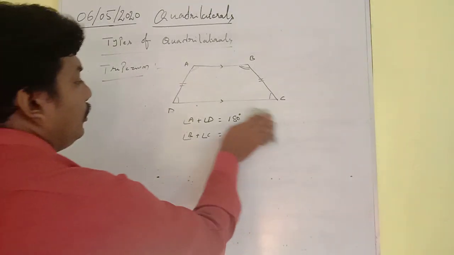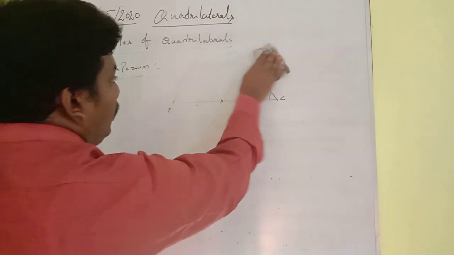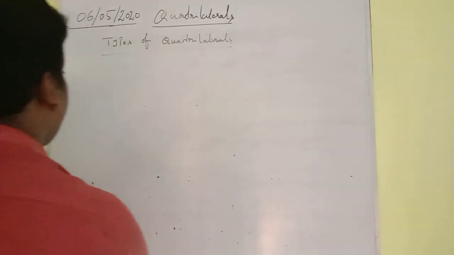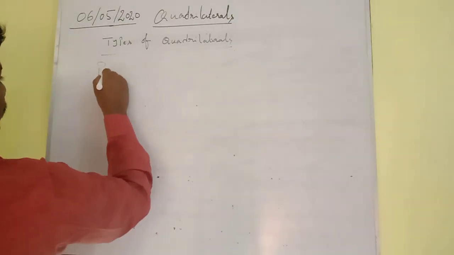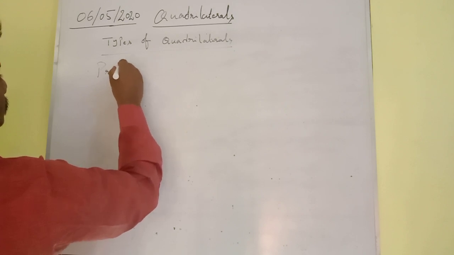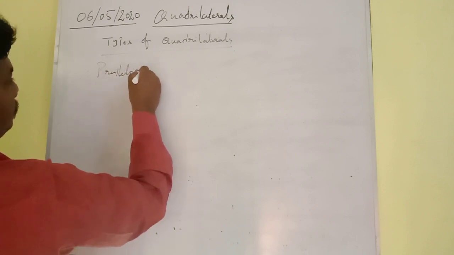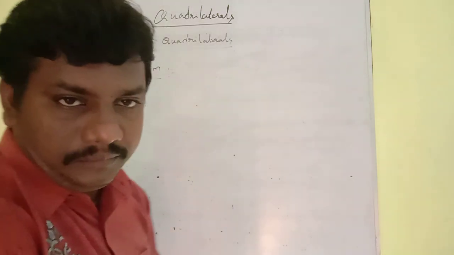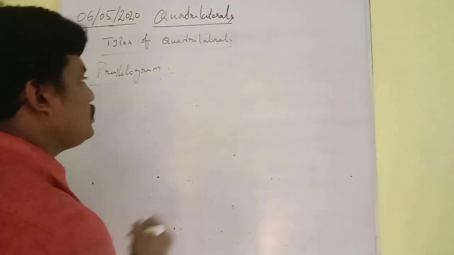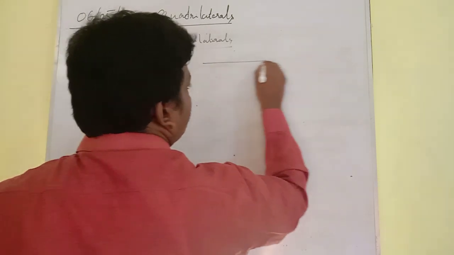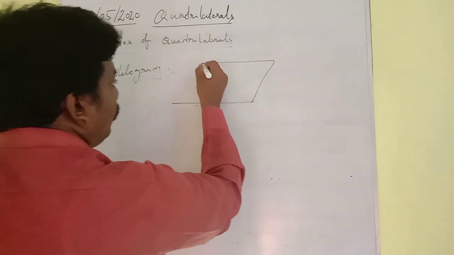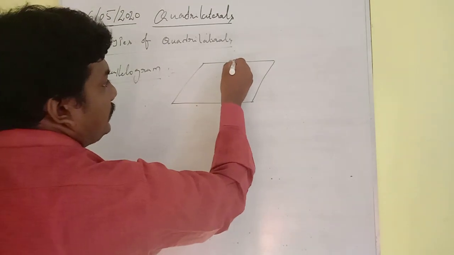Now, coming to parallelogram. What is a parallelogram? The next type is parallelogram, very important. This is also a quadrilateral in which both pairs of opposite sides are parallel.